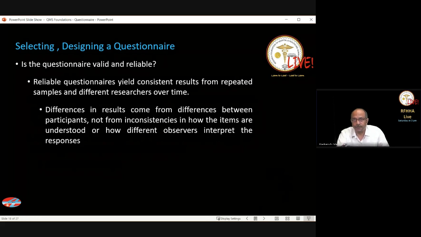This is an important part, and it has to do with reliability. I am deliberately not getting into too much detail on exactly how to measure reliability. There will be a separate session for this. Similarly, for validity also there will be a separate session. These require a lot of explanation, and there is some statistics to be understood in that context. So I'm not covering it here, but suffice to say that validity and reliability both are important for a questionnaire.